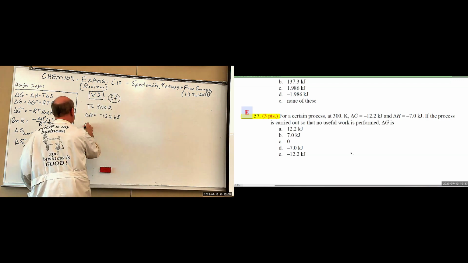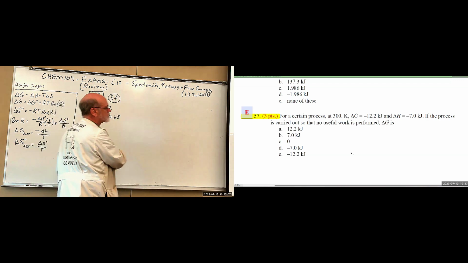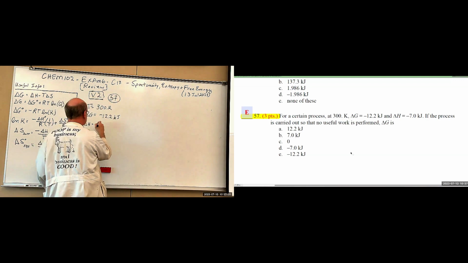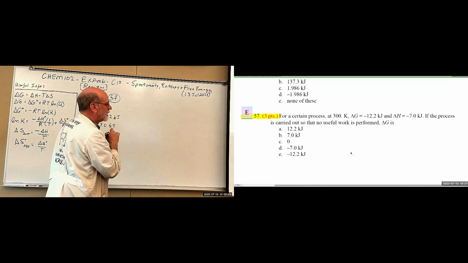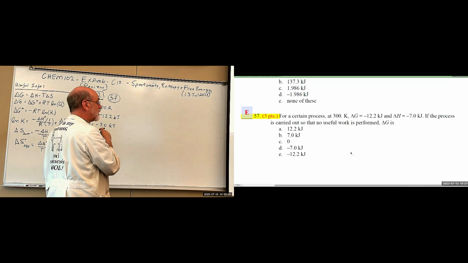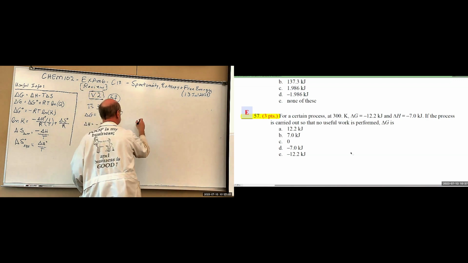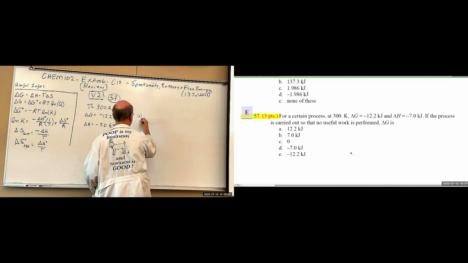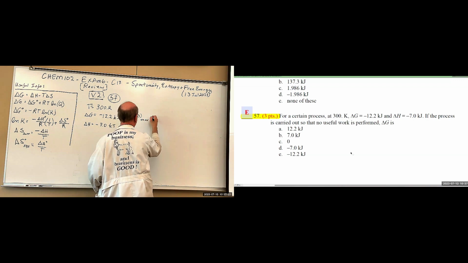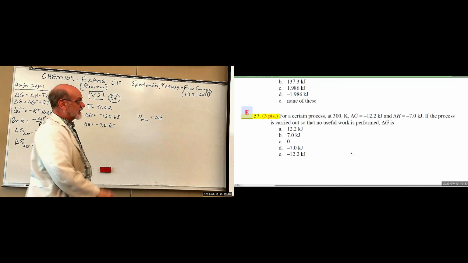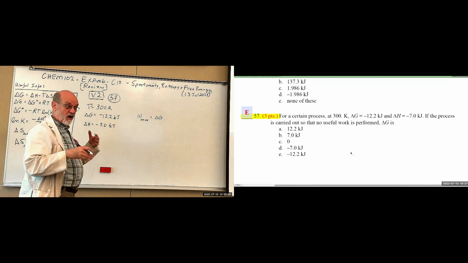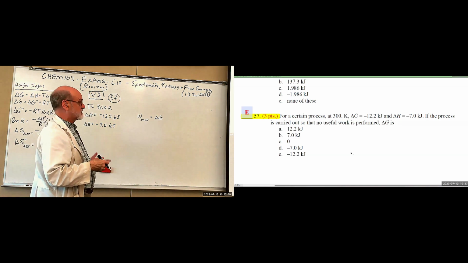And delta H is minus 7 kilojoules. If the process is carried out so that no useful work is performed, we're not getting any useful work out of it at all for this process.